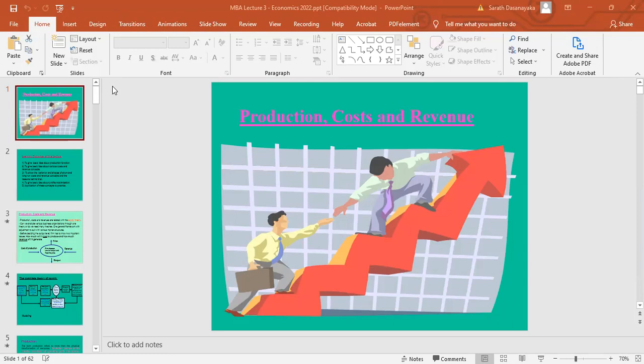Today we are going to discuss production, cost and revenue. Revenue is part of profit maximization. These are very useful to managers to know how economists explain the production side, the costing side and the revenue side of the business. These are very important for any manager to know.